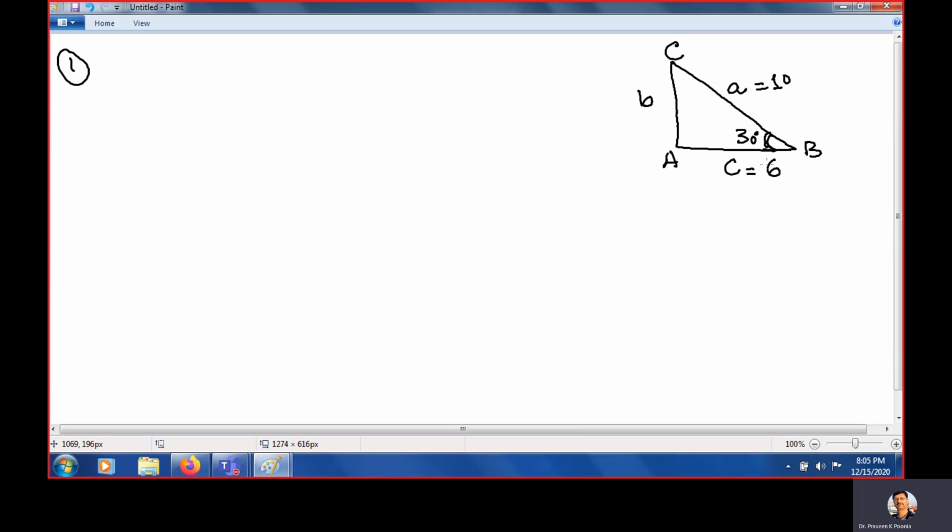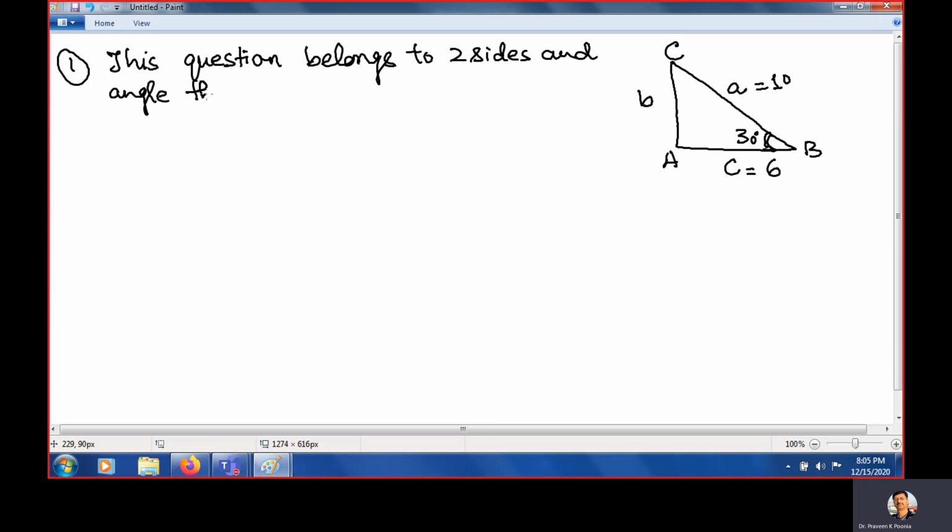Three things are given: two sides and the angle between them. This question belongs to the two sides and angle between them category.